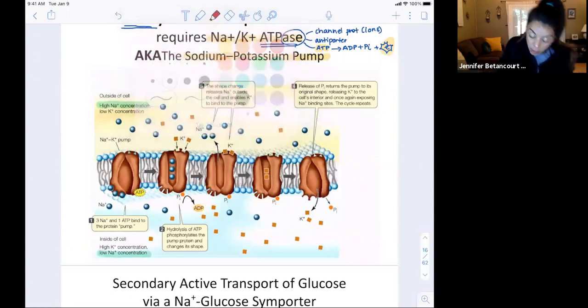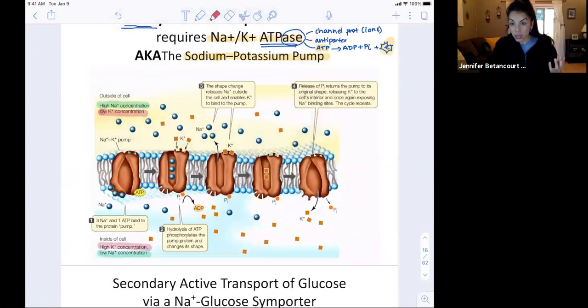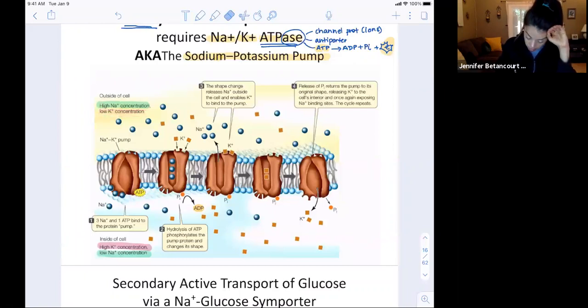And then for potassium, it's the opposite. It's low outside and high inside. Okay, so maybe this might help you remember it. Let's just highlight where the ion concentration is highest. Okay, so there we have it. High sodium outside, high potassium inside. And then we'll take this step by step.